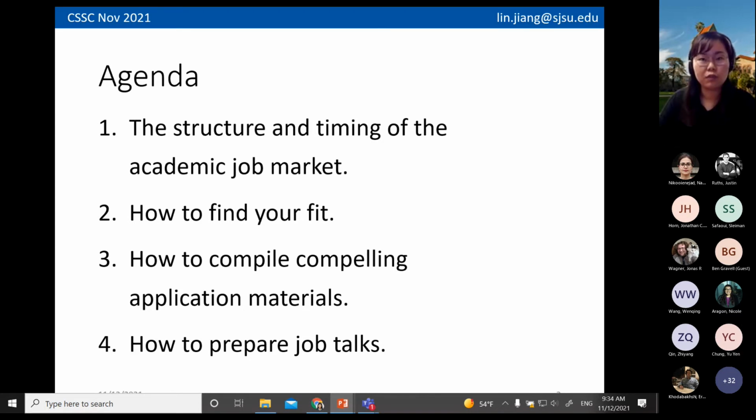So out of 200 or 300 application materials, how do you stand out as a finalist. And then how to prepare job talks. Job talks are related to research talks, but it's different than your dissertation, it's different than a conference presentation. So job talks are another really tricky thing, and you need a lot of guidance and tips before you prepare.